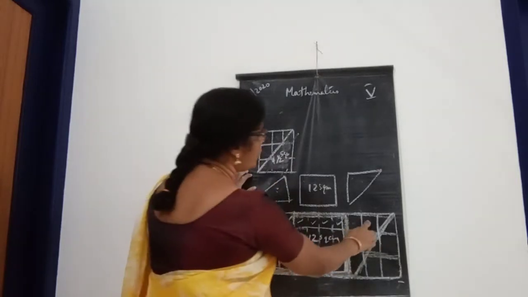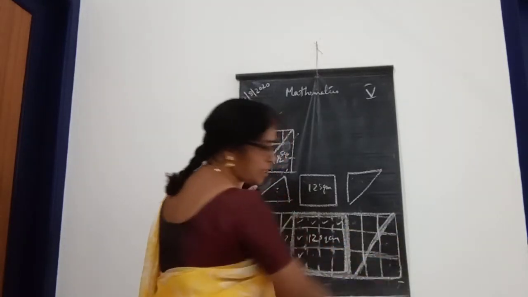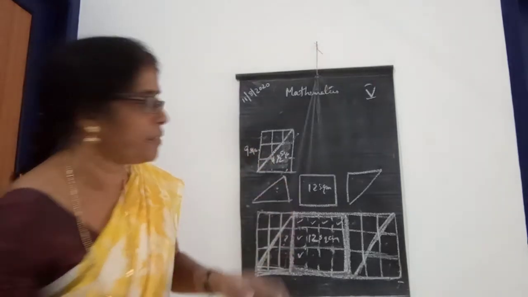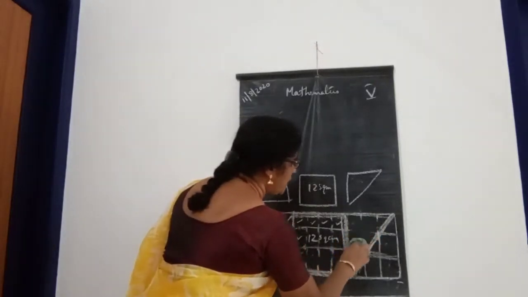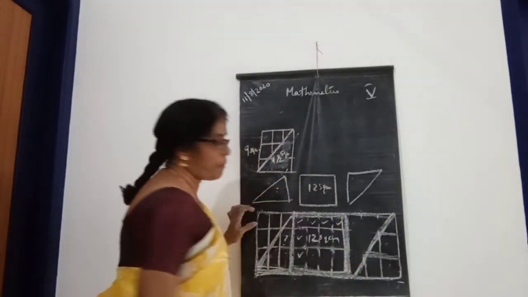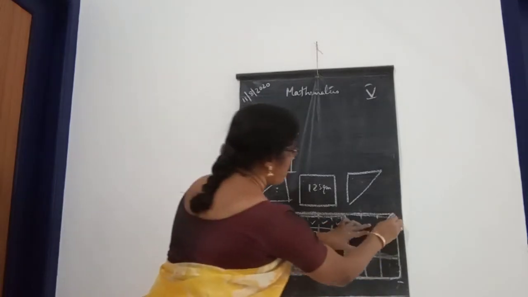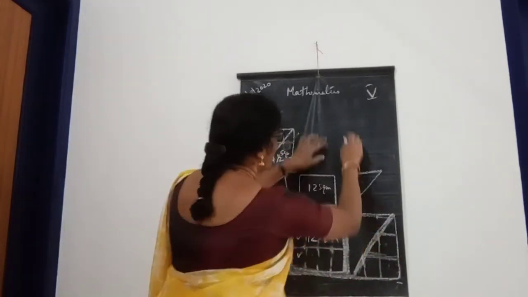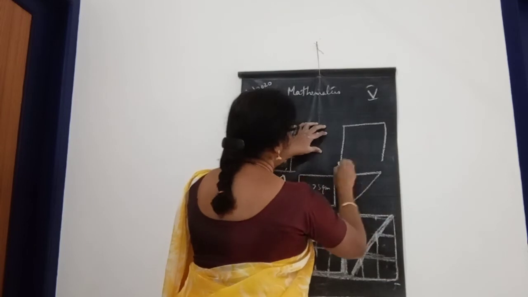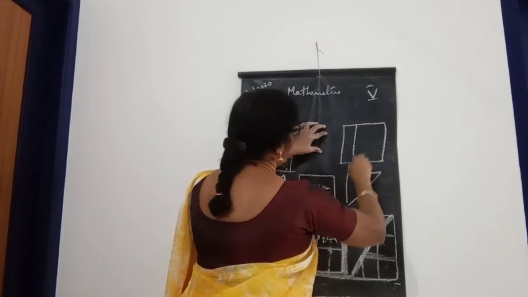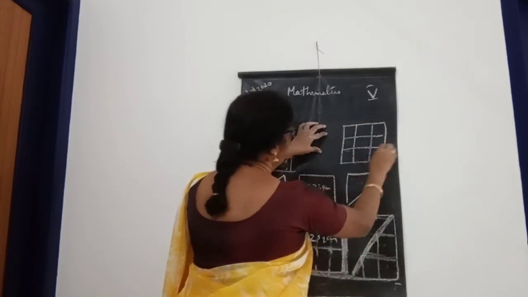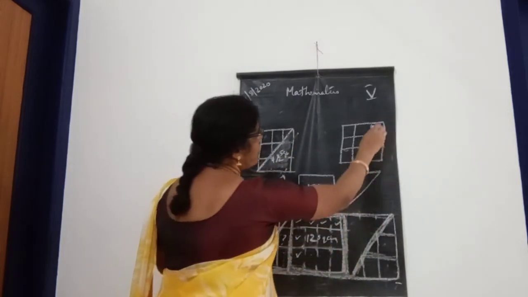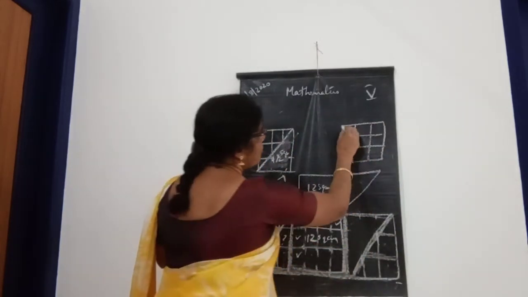And here also 1, 2, 3, 1, 2, 3. Then this portion means that is half of that square. Then half of this portion means, look here.